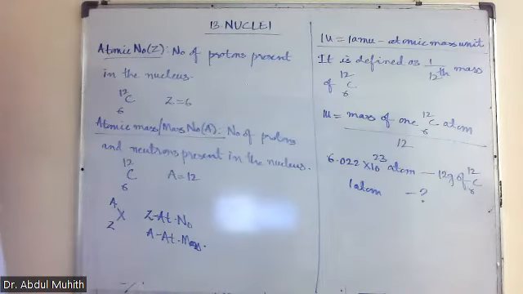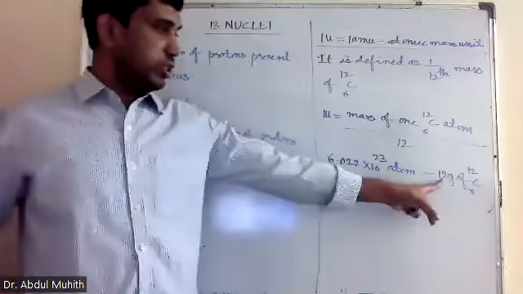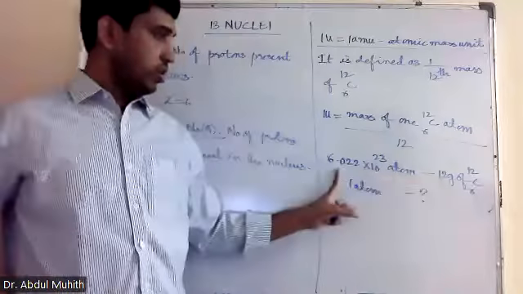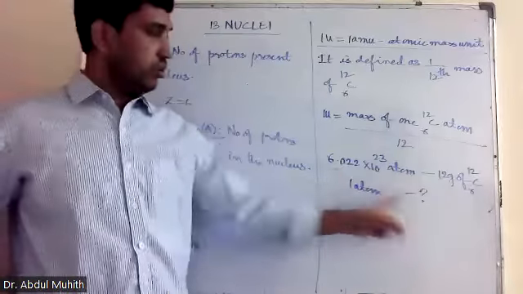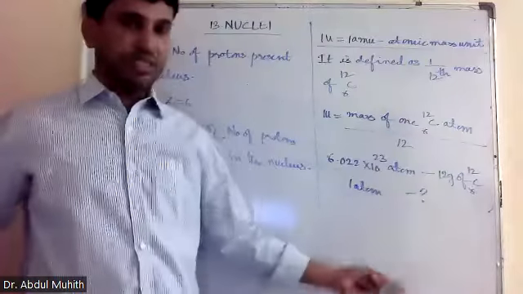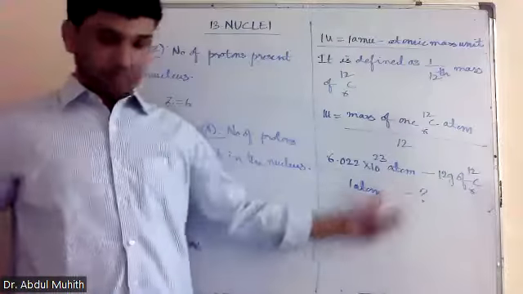Yeah, we cross multiply that to calculate the mass. See, 12 grams will have Avogadro number of atoms, so 1 atom will have how much mass? So we cross multiply it.